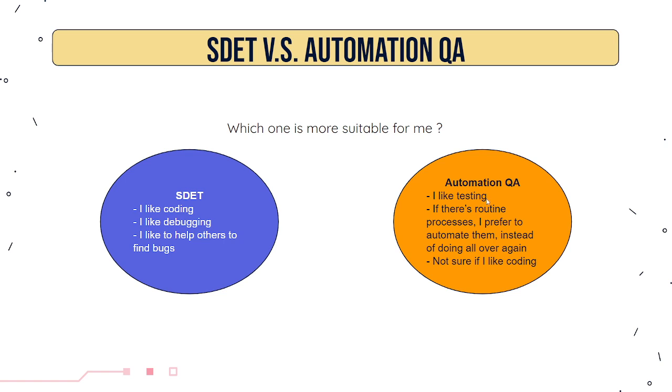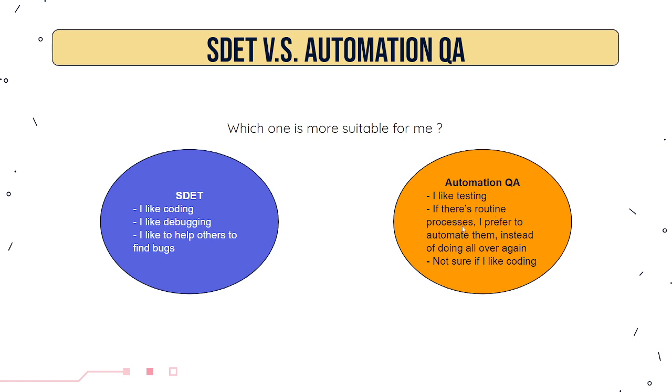It's actually pretty painful for some people, but some people can stand those routine jobs. So if you like testing, congratulations, you meet the first requirement of being a QA.